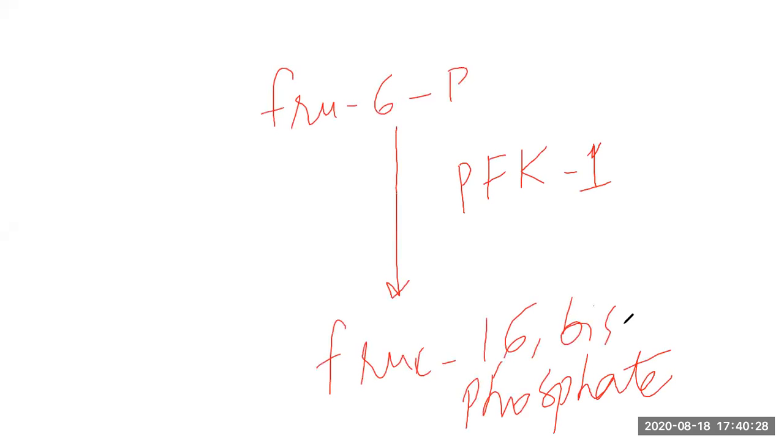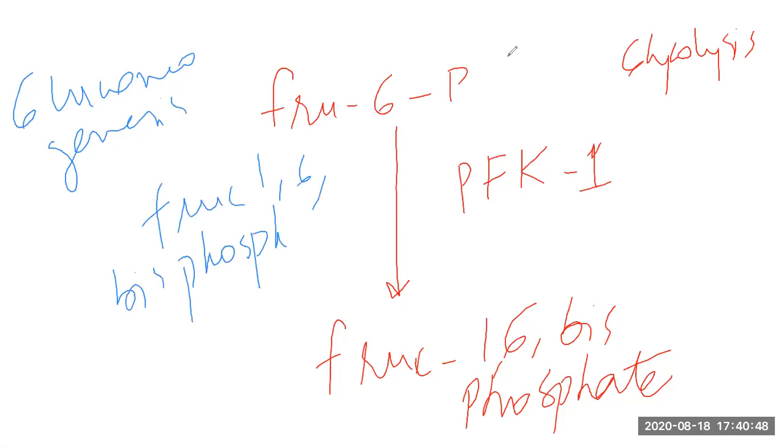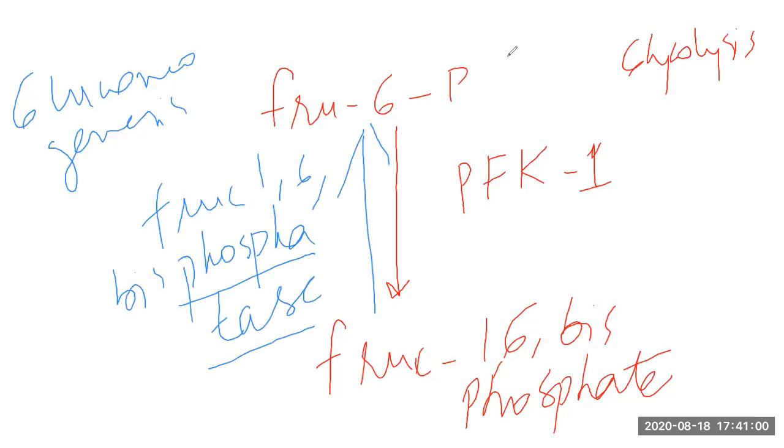What is this down arrow? You are doing glycolysis. Now I'll change the color. Here you are doing gluconeogenesis, and the enzyme is fructose 1,6-bisphosphatase, and the arrow will go like this. Same steps, same things. Enzymes change.